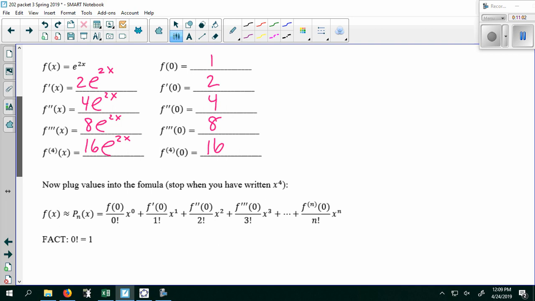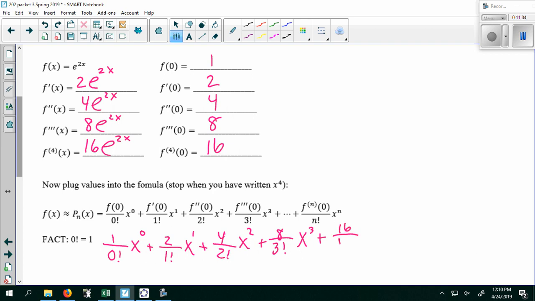Well, f of 0 is 1. 1 over 0 factorial x to the 0, plus f prime of 0 is 2. f double prime is 4. f triple prime is 8. And the 4th derivative is 16. So this would be over 4 factorial x to the 4th.